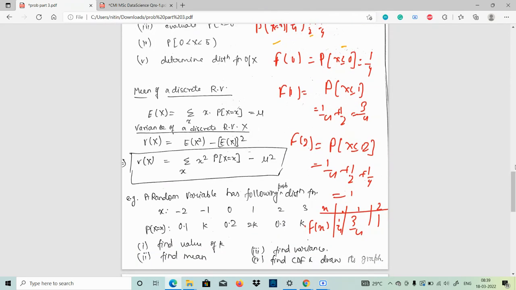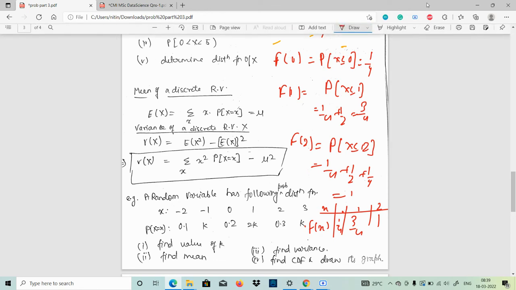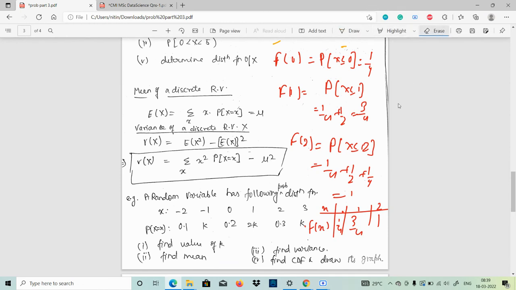Okay, do you have any problem understanding the cumulative distribution function? After the cumulative distribution function, we can see a lot of examples. Whenever you are practicing, if you know these things, it's all right.